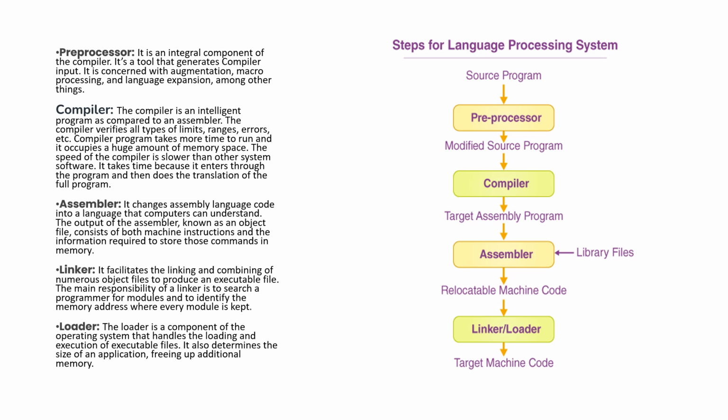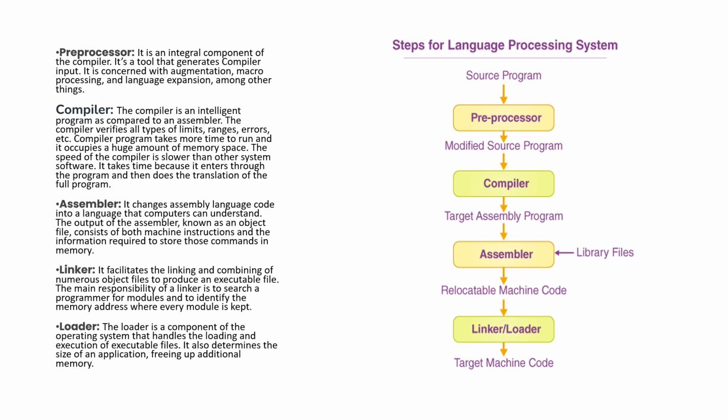Okay. After that, the compiler takes the modified source program and translates it into the target assembly code. As you know, three files are used. When we write the program and save it, it is the source file. And when we compile that program, it creates the object code, that is the assembly code. This is not the executable, and that assembly code passes to the assembler.